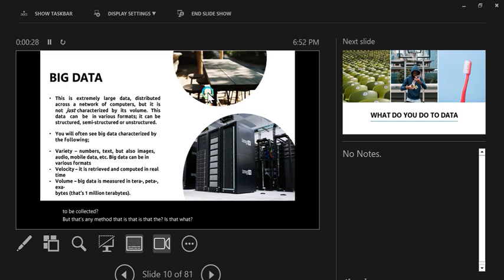Okay, it is retrieved and computed in real time. So basically what it means is, as I said, when you post an image on social media, Facebook is able to update it in real time.